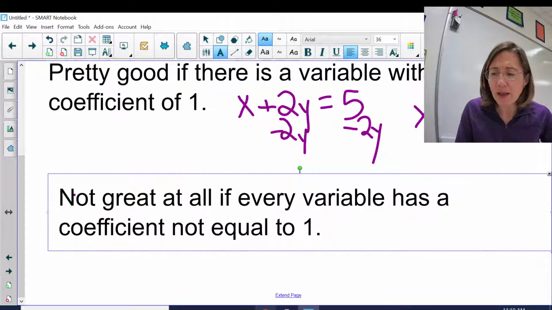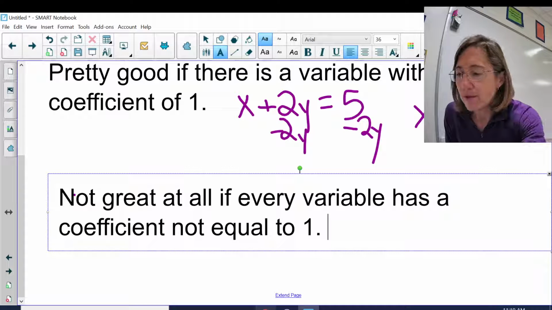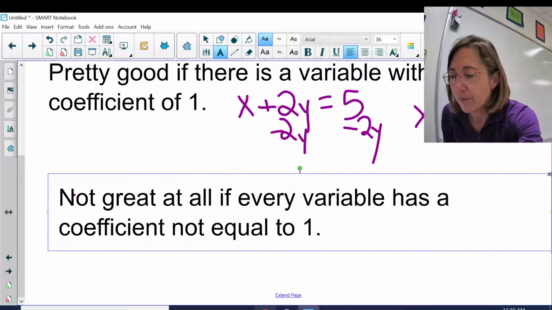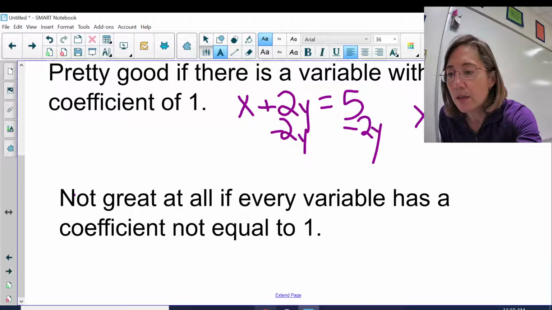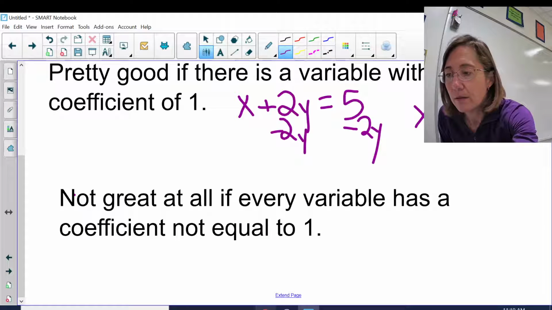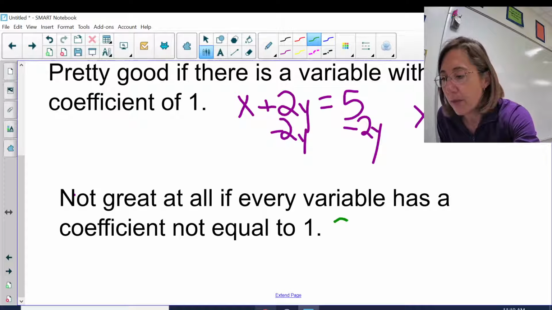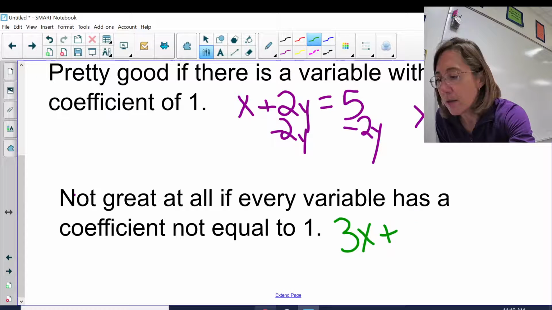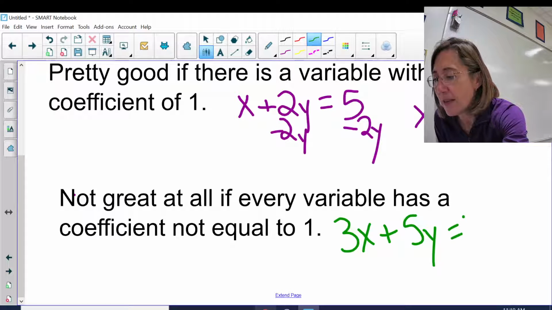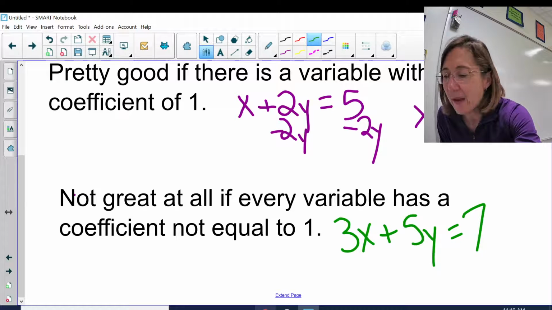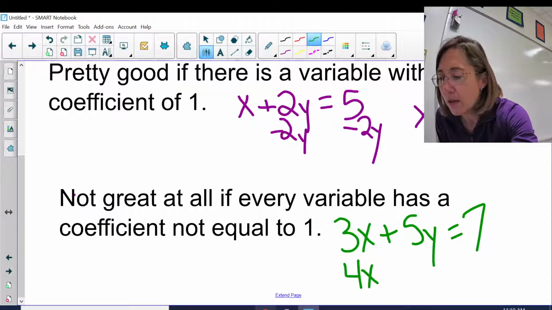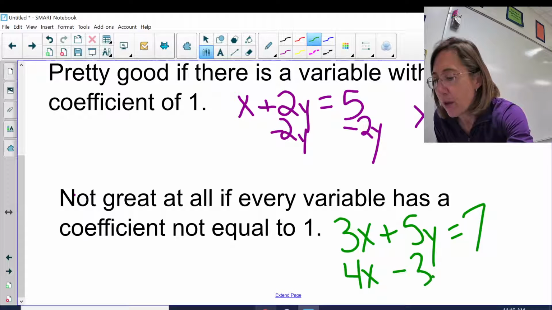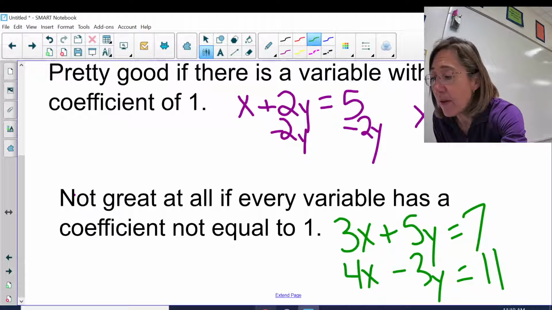So let me get my writing back up here. Sometimes you'll have a system, maybe you'll have a system like, oops, let me write. 3x plus 5y equals 7, something like that, and 4x minus 3y equals 11.